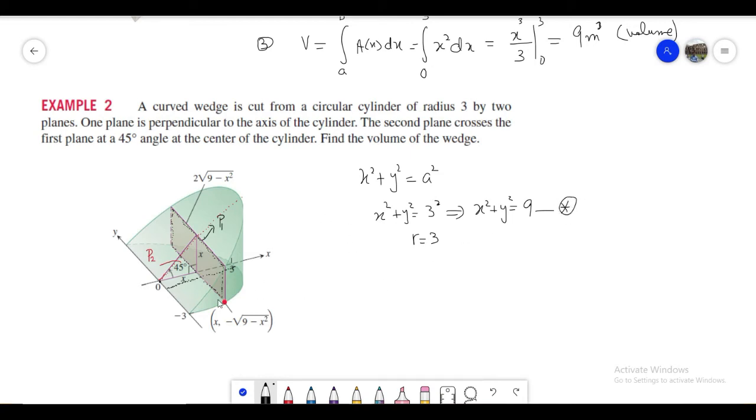We know that this cross section has the length, or you can say the height, in length x, but we want to confirm the sides of y. So I will solve this equation in terms of y. Let us write first: x squared plus y squared is equal to 9.